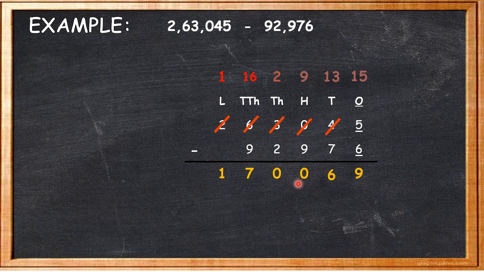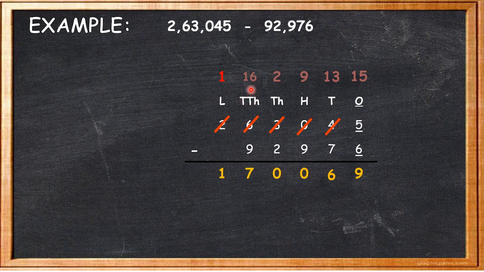Come to the 1000's column. After giving 1000 to the 100's column, it is left with 2000. So 2000 minus 2000 is what? 0. Yes, children. Now come to the 10,000's column. Again 6 is smaller. We cannot subtract 9 from 6. So 6 will go to the lakhs house and lakhs will help 6 with 1 lakh. So this will become 16. Basically this is 1,60,000.